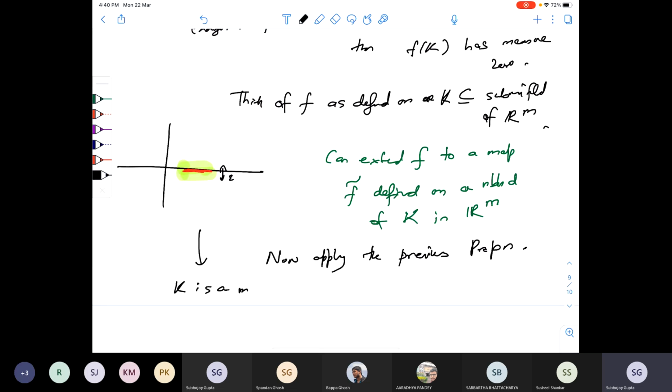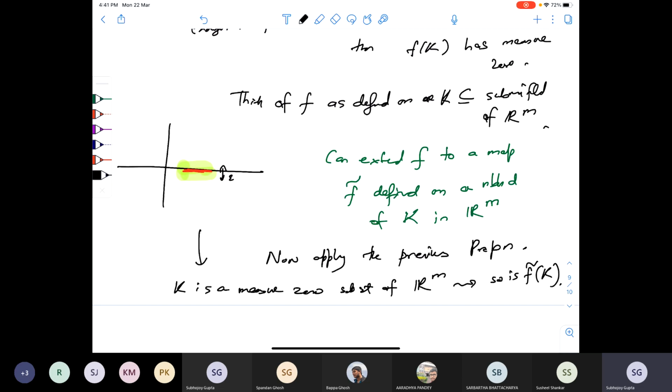K is a measure zero subset of Rm if you view it as sitting inside this hyperplane, and so is f tilde of K, which is nothing but f of K.